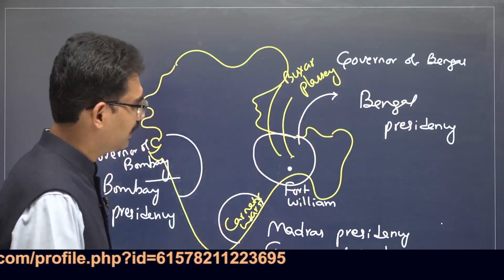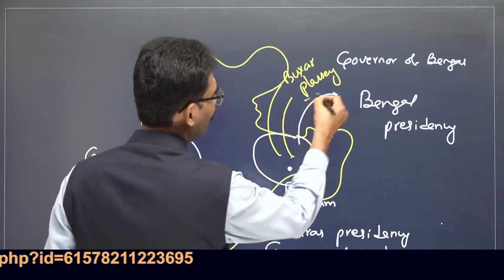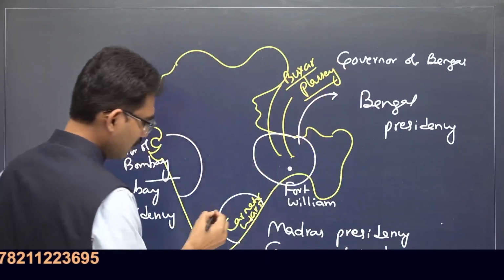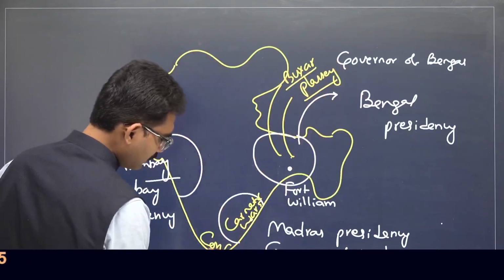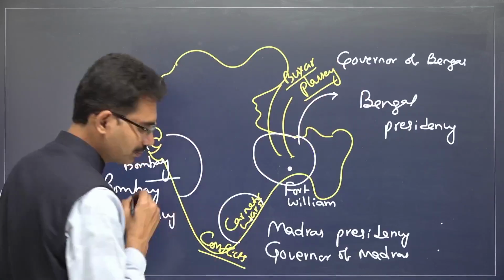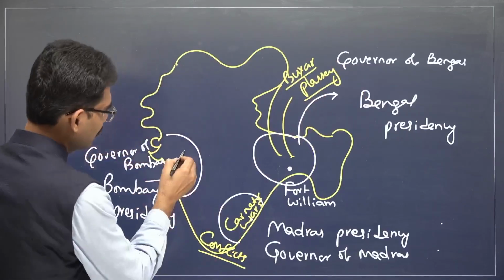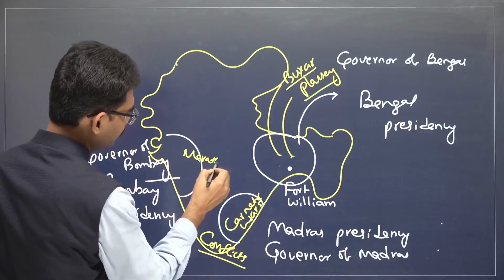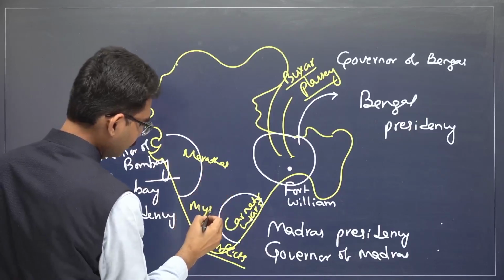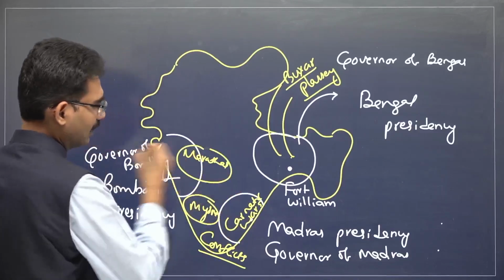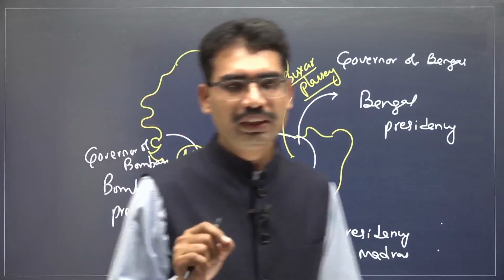As a result, what happened? Like those involved in the Battle of Plassey and Battle of Buxar, these people were also trying to get involved in conflicts. And here are the Marathas, and here Mysore. Getting this?